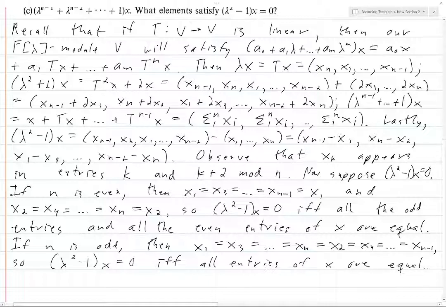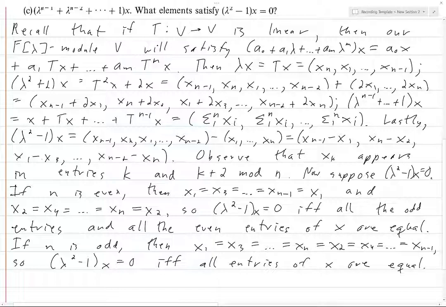And I forgot to say this, but it should be pretty clear from the formula that we got for (λ² − 1)x, that every entry is of the form blank minus blank. So if two elements appear in the same index, then they must be equal.